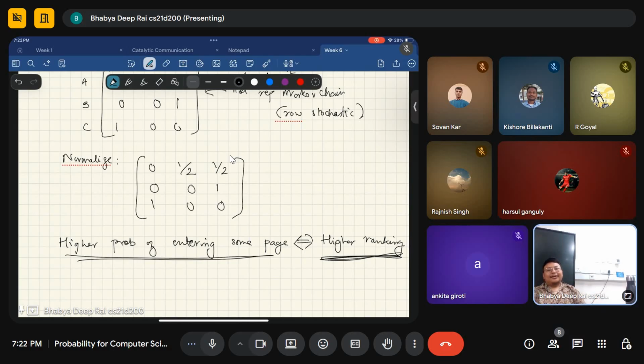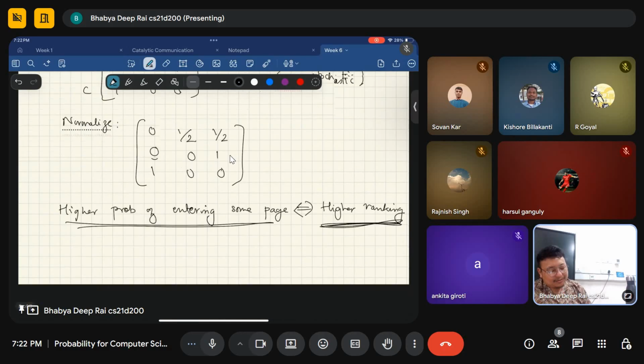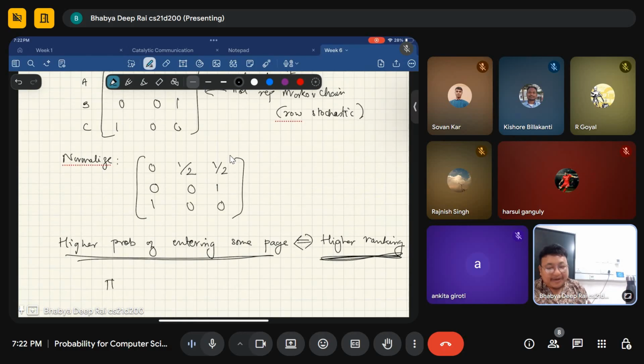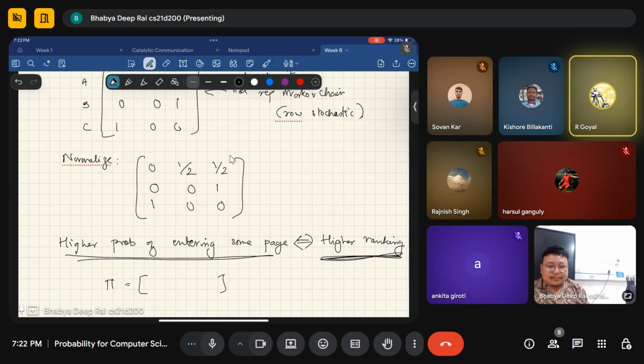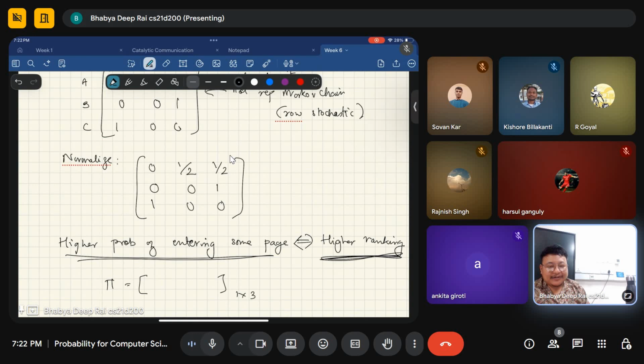So for example, if pi is my stationary distribution, what is the dimension of this? 1 by 3. Yes, 1 for each of the states. But what are the states? The pages. Right? Pi 1, pi 2, pi 3.